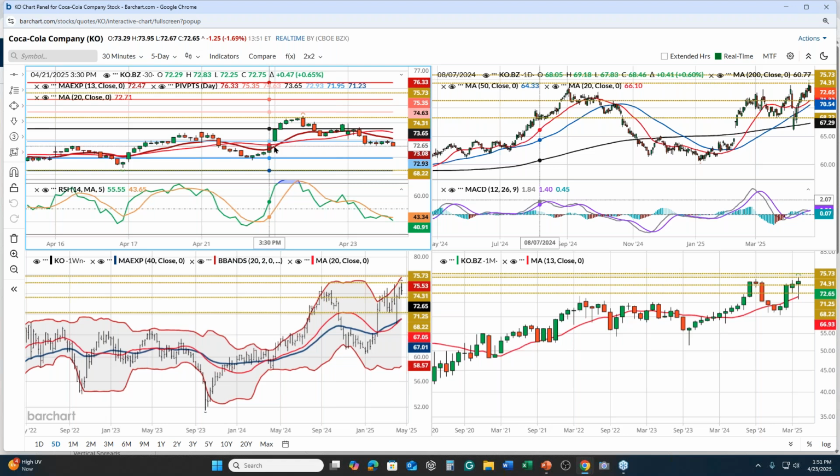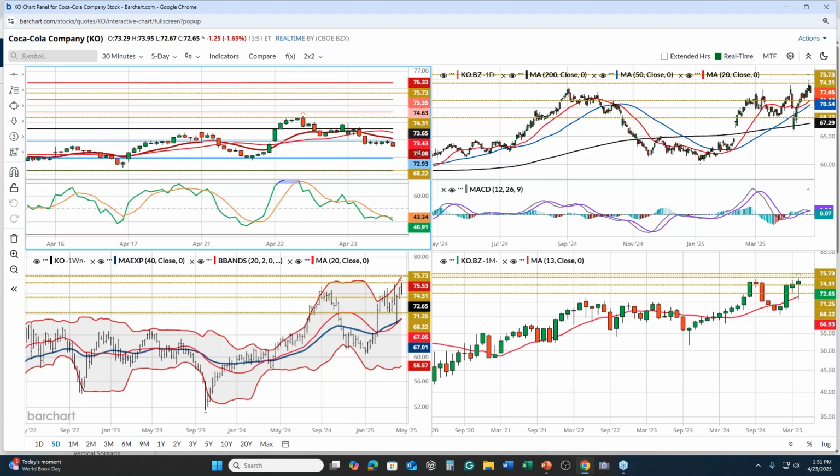And where is our resistance? 74.63. So a breakout trade would need to get above our line of action and our intraday resistance. Okay.